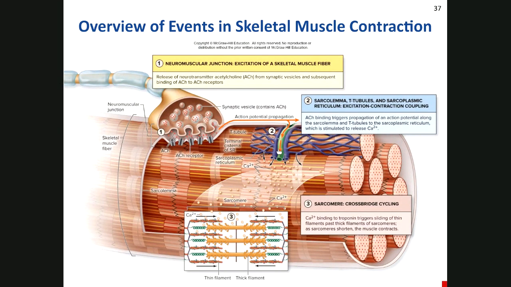Then these channels can open the calcium channels of our sarcoplasmic reticulum, and calcium ions are released in the cell. When the calcium ions are released, calcium can attach to the TnC of troponin. Then we have some conformational changes, and then the actin and myosin can overlap each other and make contraction. I will talk about this in the next session for you.